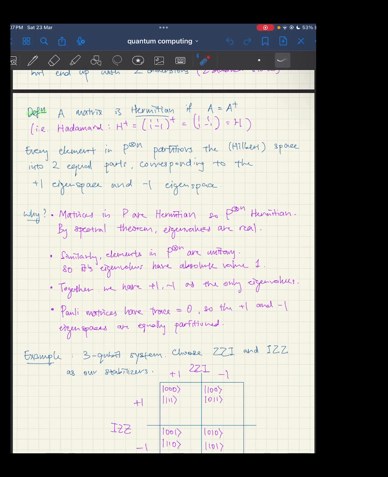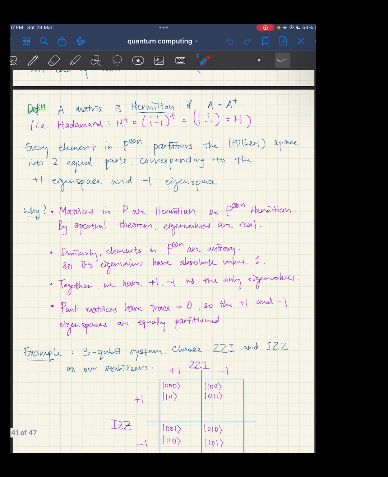But how do we know that they are equally distributed? It turns out Pauli matrices have a trace equal to 0. Since the eigenvalues lie on the diagonal of the matrix when we choose the orthonormal basis of eigenvectors, it follows that there has to be an equal number of +1 and -1, right?